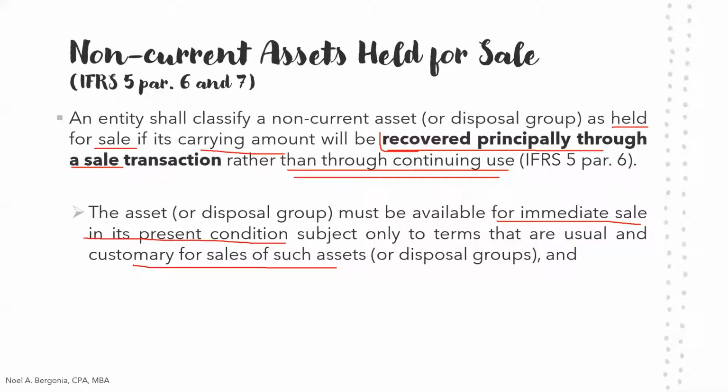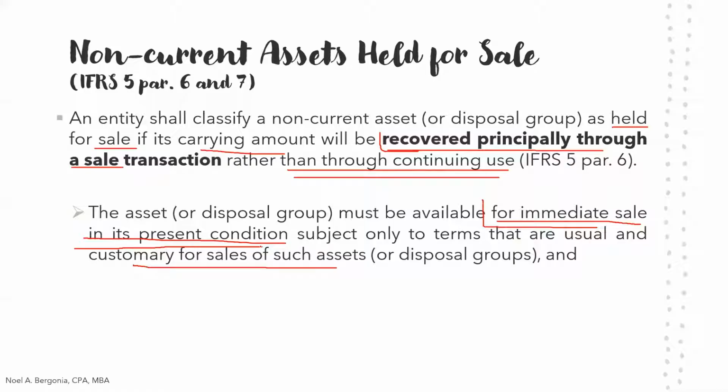Here, it was used in the operations, so it could be a PPE or some other non-current asset, and then it is immediately available for sale in its present condition, so it would be classified as held for sale.